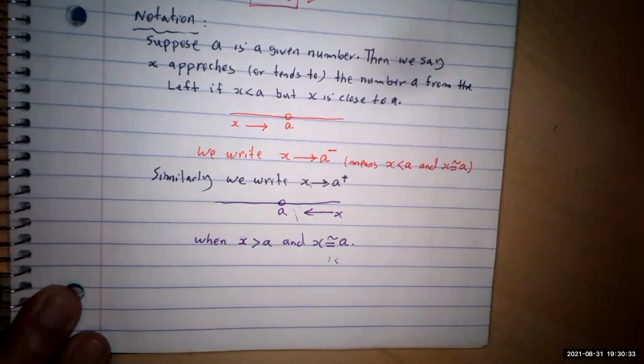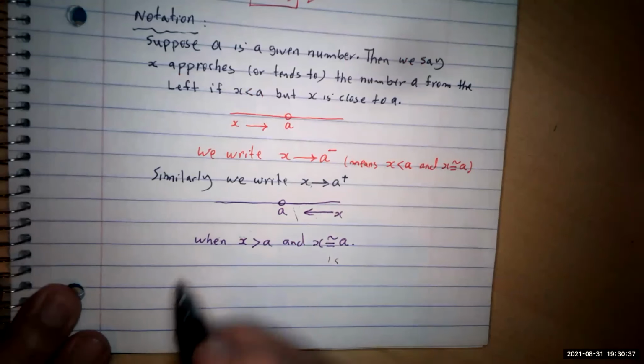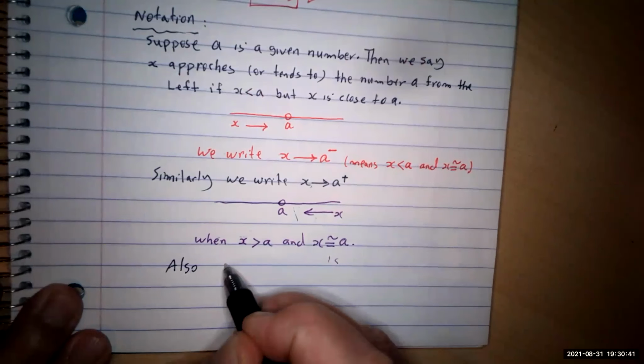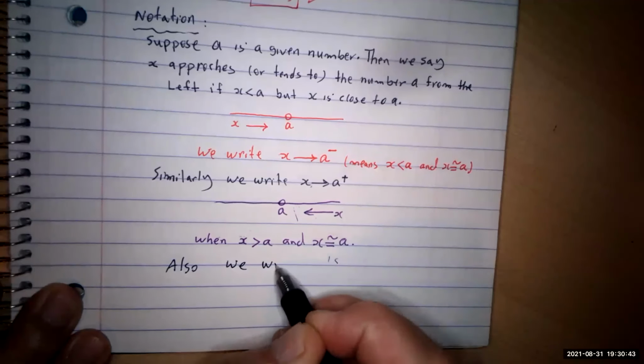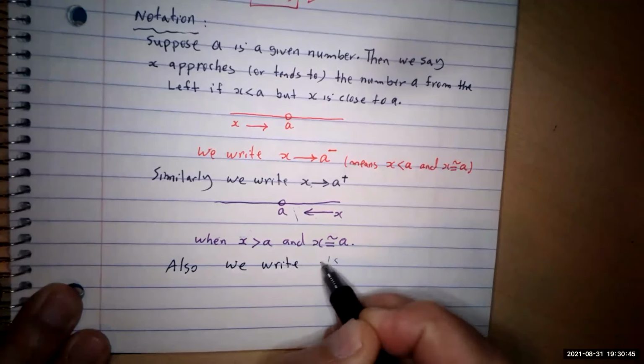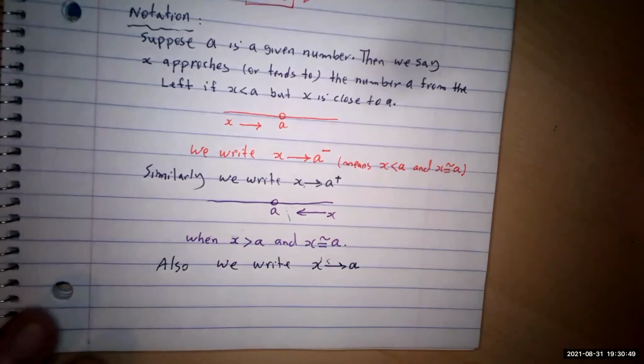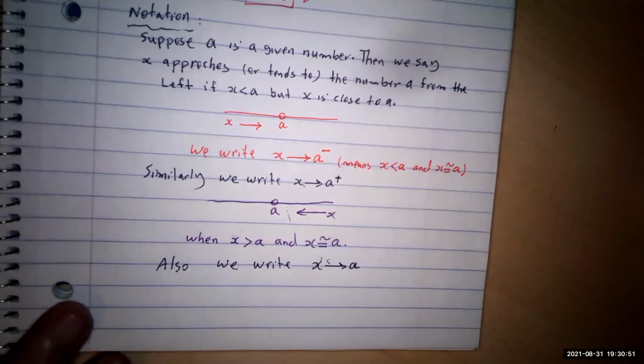Now, we have another one. The last one is when we write x goes to a. What does it mean? This means x is approximately equal to a, but x can be less than a or x can be bigger than a.